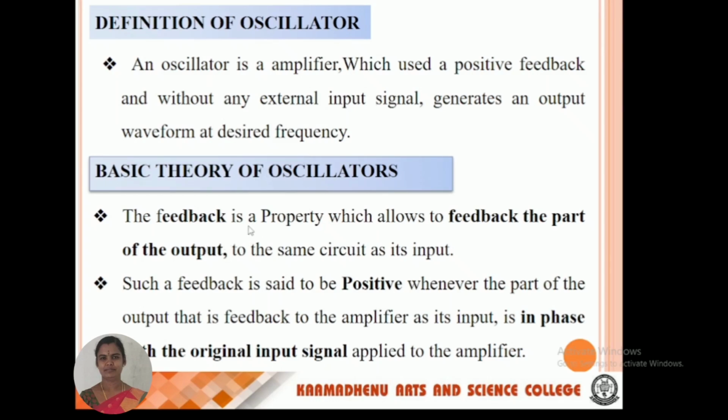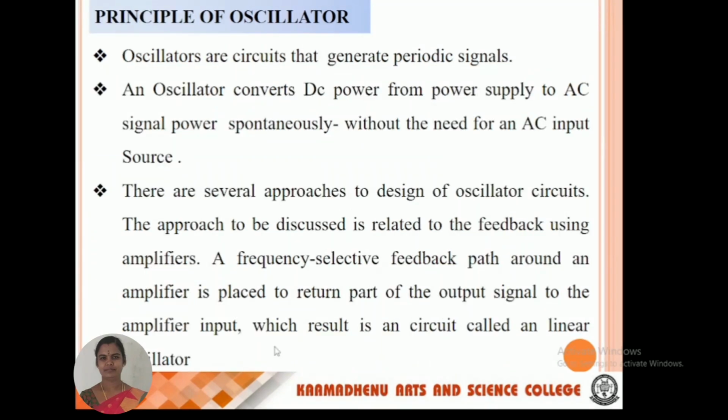Feedback is a property which allows part of the output to be fed back to the same circuit as its input. Such a feedback is said to be positive whenever the part of the output that is fed back to the amplifier as its input is in phase with the original input signal applied to the amplifier.